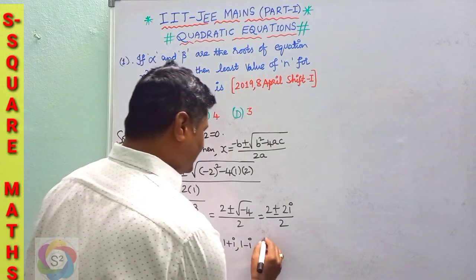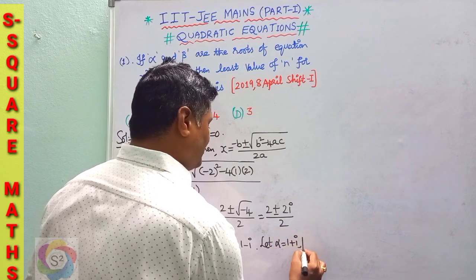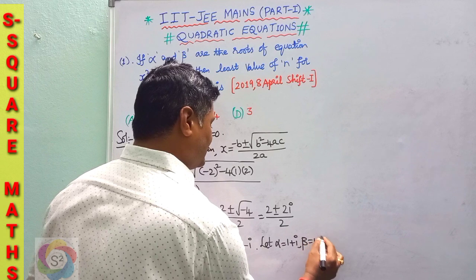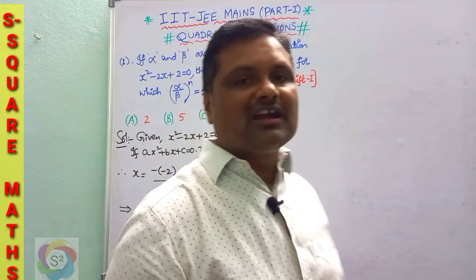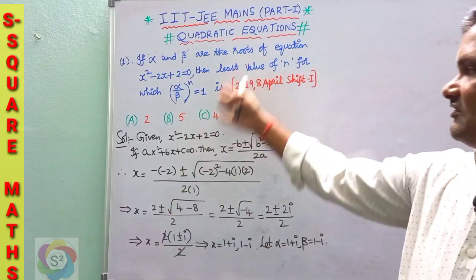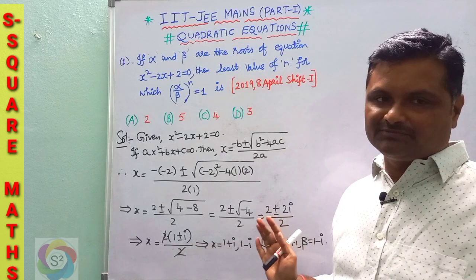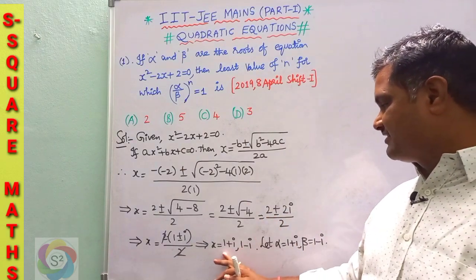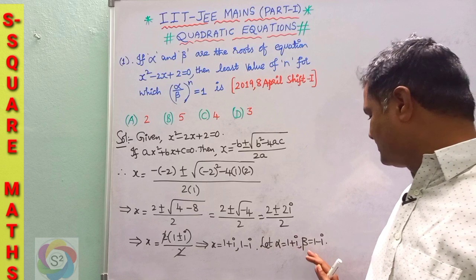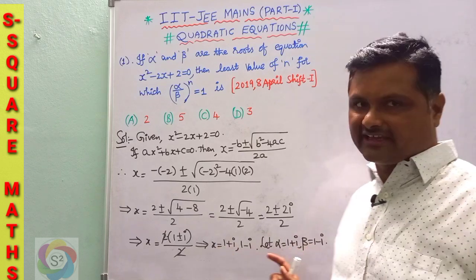Let alpha be 1 plus i and beta be 1 minus i. So half the part has been completed. Just now I have taken the quadratic equation and solved it to get the values of alpha and beta: alpha is 1 plus i and beta is 1 minus i.